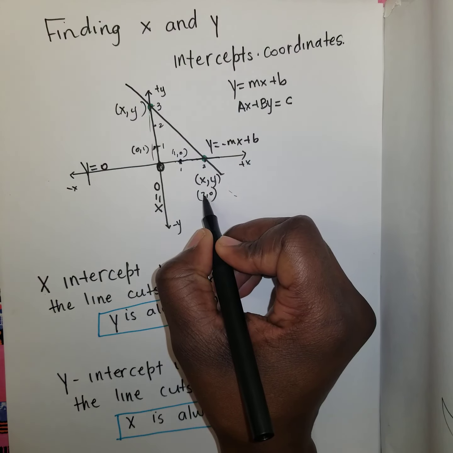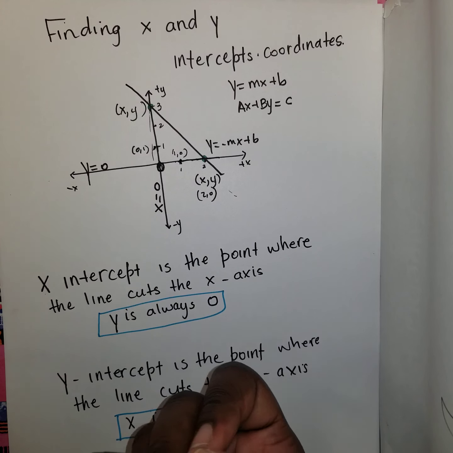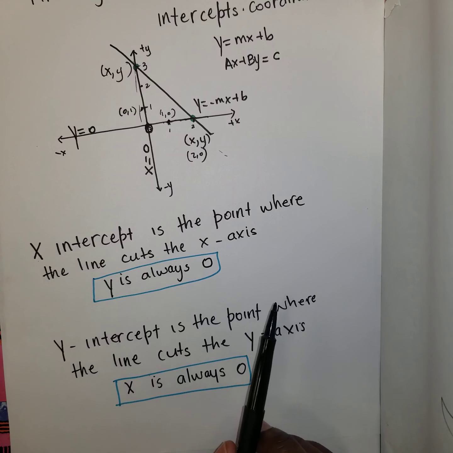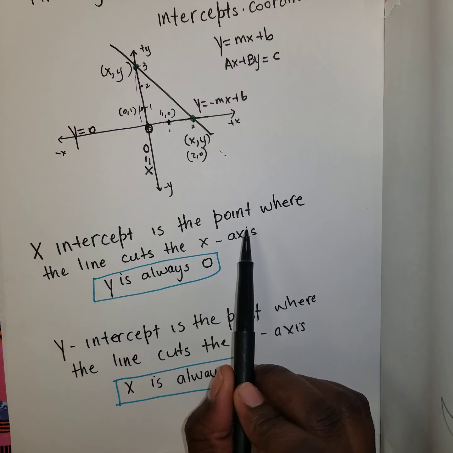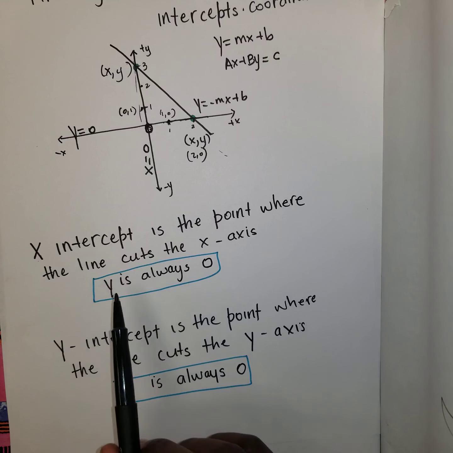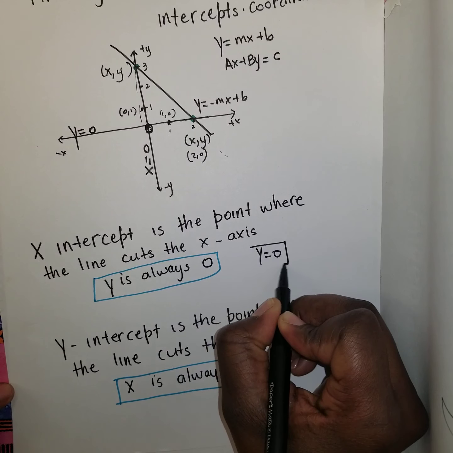So this video will help you to identify the coordinates of the x and the y-intercept. And so I place it here in worded form, where I say that the x-intercept is a point where the line cuts the x-axis, where y is always 0. So y equals 0 here.